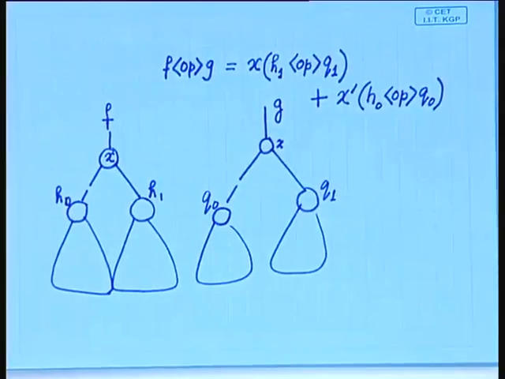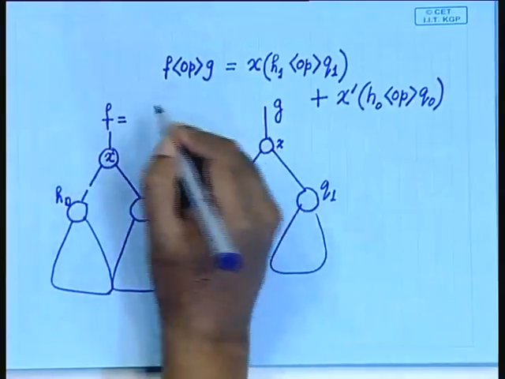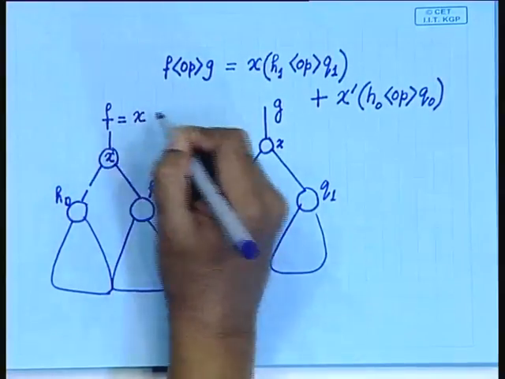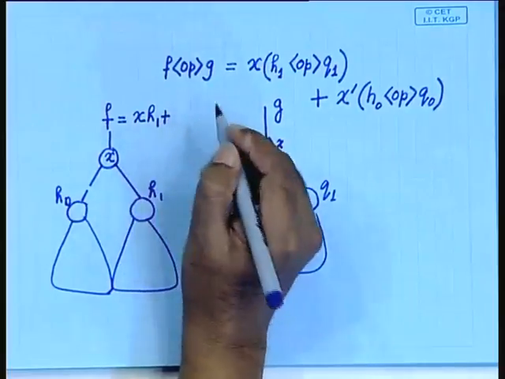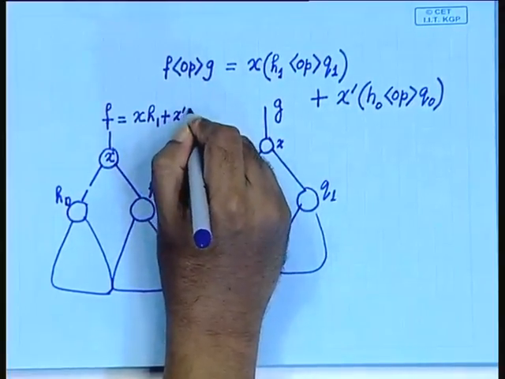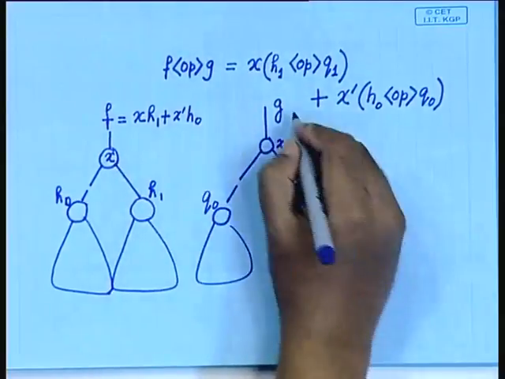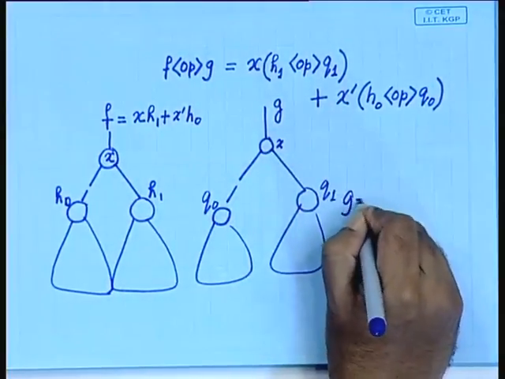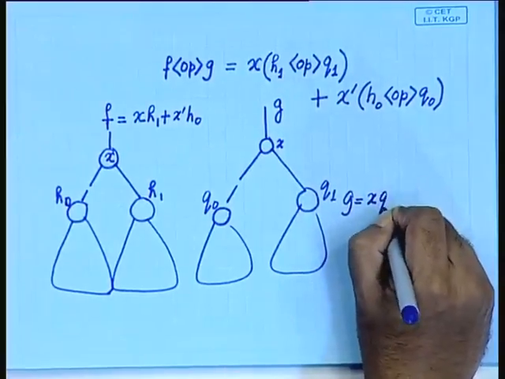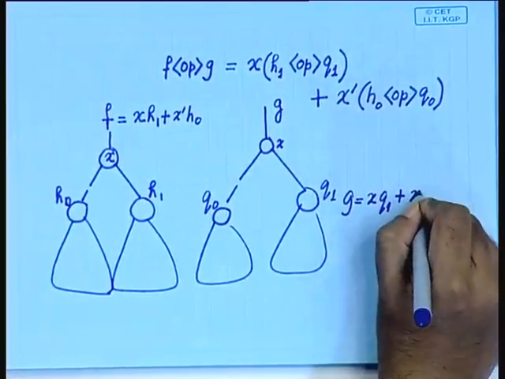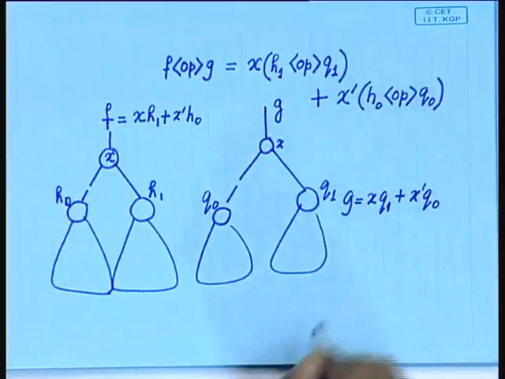How did I get this? Because I can write f as x h1 plus x bar h0. I can write g as x q1 plus x bar q0.